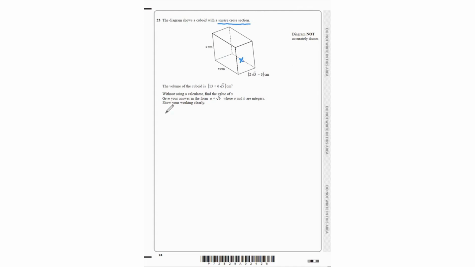So we know volume for a cuboid is length times width times height. Volume is 13 plus 6 root 5. Length and width are x and 2 root 5 minus 3, and height is also x. We have to find the value of x.